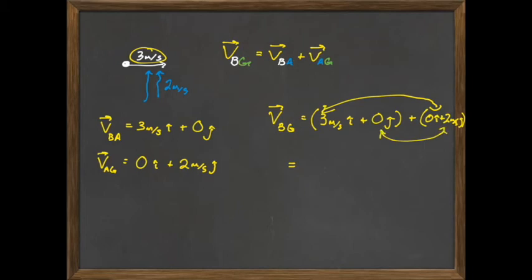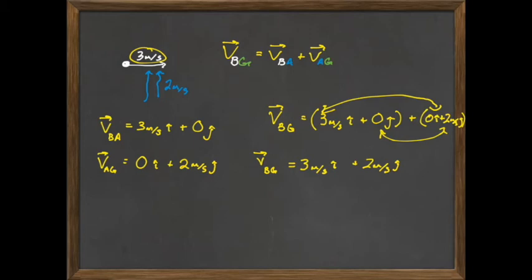So 3 plus 0 would just mean 3 meters per second in the x direction, and 0 plus 2 would mean 2 meters per second in the j direction. And so this is our answer. The velocity of the bird relative to the ground will be 3 meters per second in the x direction and then 2 meters per second in the y direction.